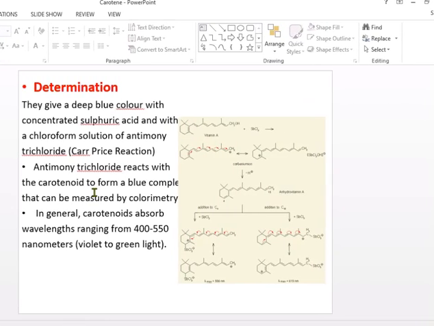In general, carotenoids absorb wavelengths from 400 to 550 nanometer light.